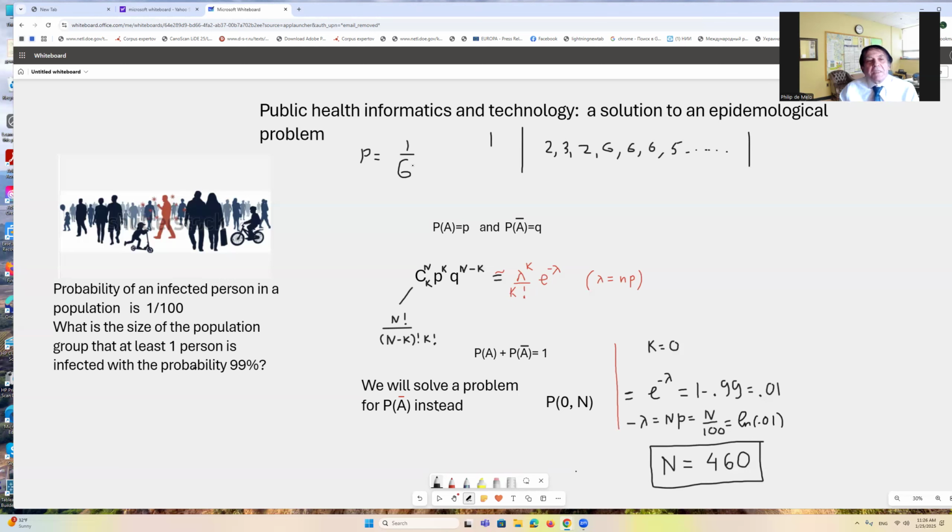And we call this theoretical probability. And this is experimental probability. That's exactly what happens when we do an experiment. And this is the same thing when you do an epidemiological experiment.